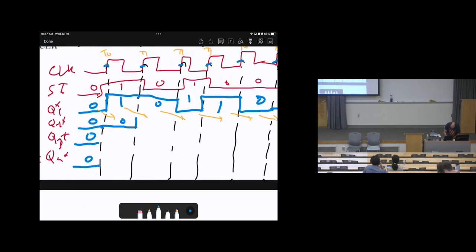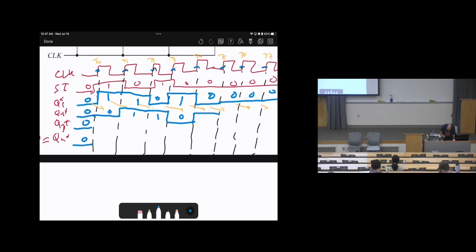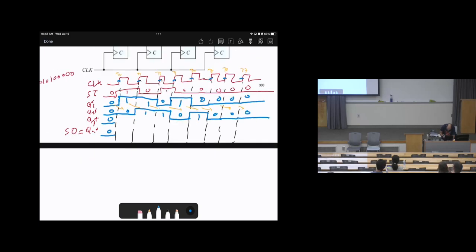So here is 0, 1. This is 1, and this is 0. 1, 1, 0, 1, 0, 0, 0.